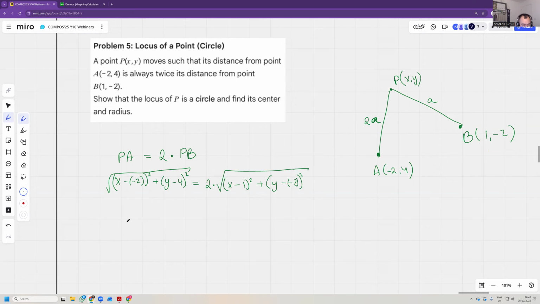Now we square both sides, and we get (x plus 2) squared plus (y minus 4) squared equals 4 times the bracket (x minus 1) squared plus (y plus 2) squared.